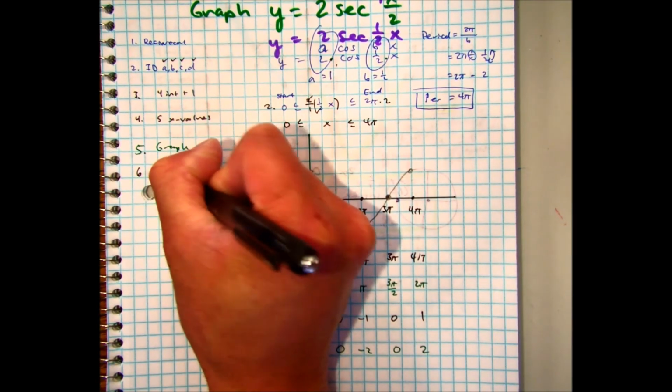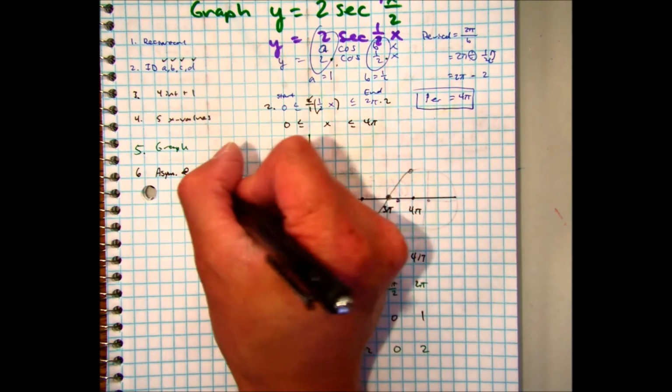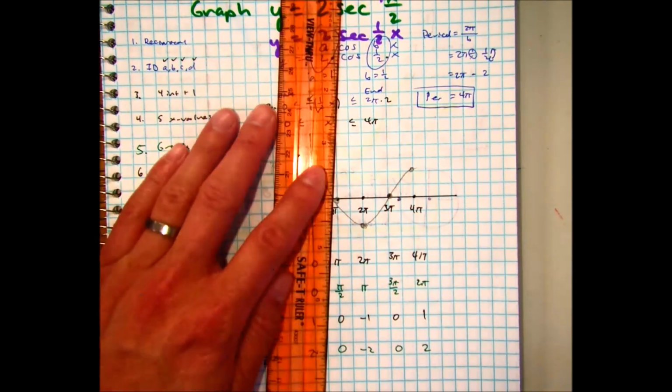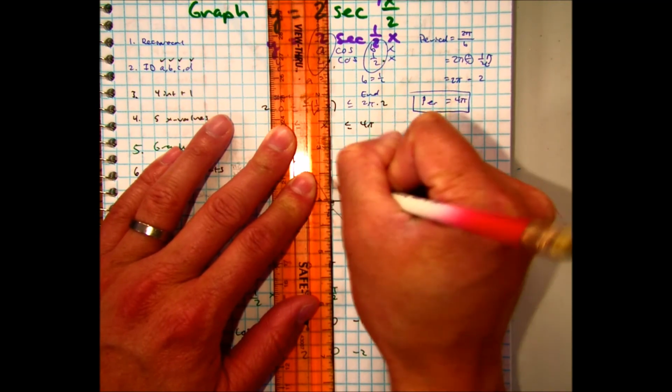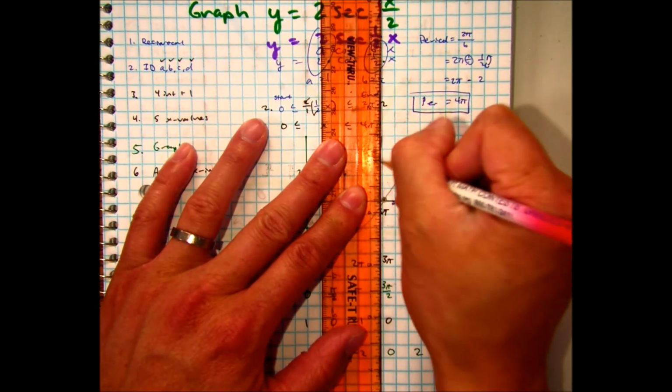And where are those asymptotes? On pi and 3 pi. Yeah, those are the x-intercepts. So there. I'm going to use pencil again so you can see a nice picture once we erase it. At the x-intercepts, where it crosses the x-axis.